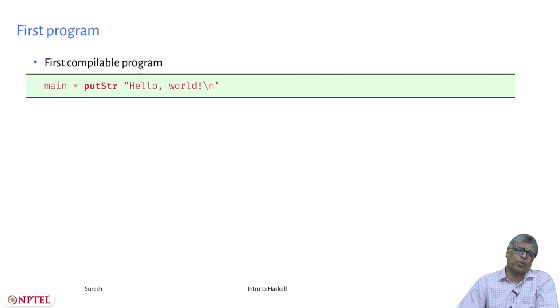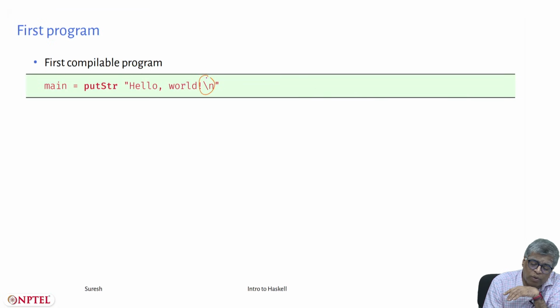Here is the first program for us. This is the first compilable Haskell program. It has a main, and you are saying putStr "hello world" and a new line character. This character is called the new line.